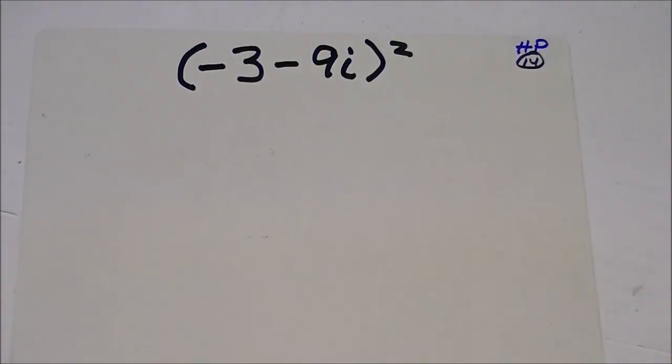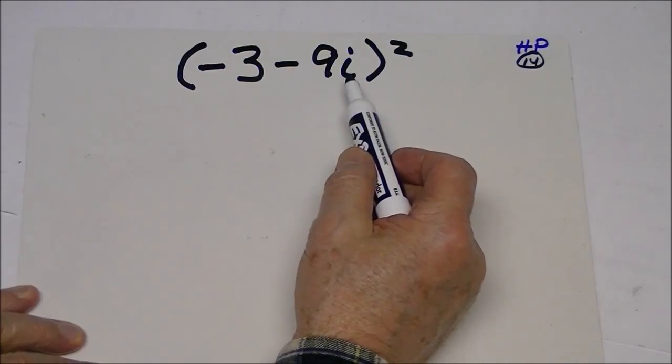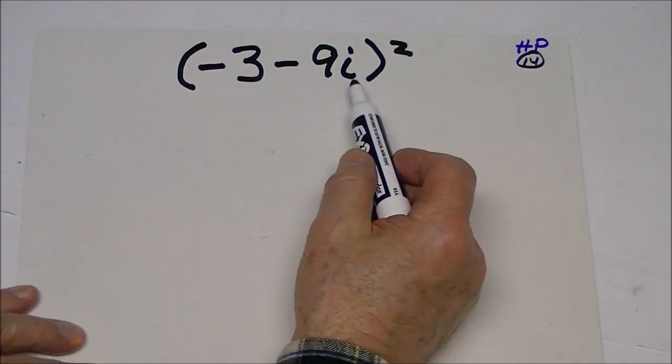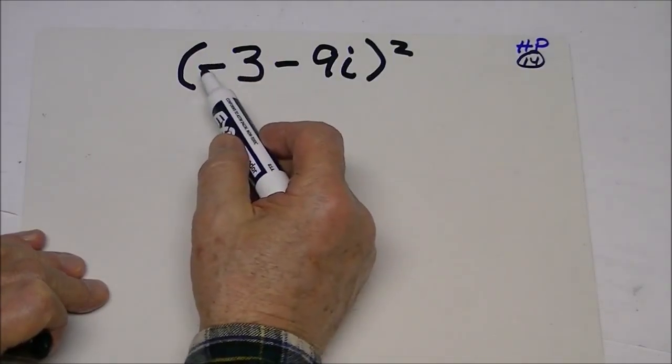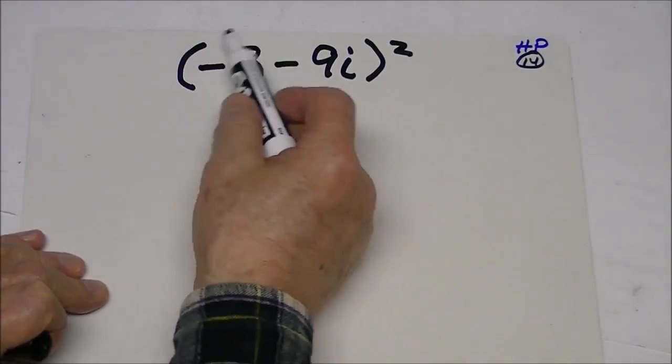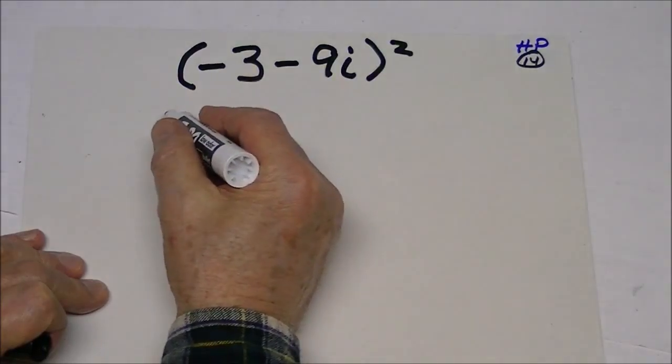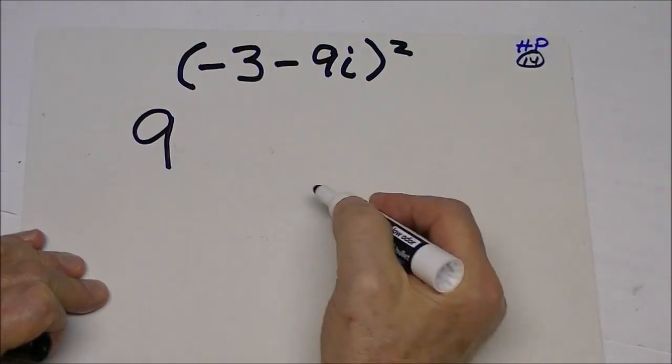Now, a modification of the FOIL is when we're going to expand a binomial that is a complex number. So we'll go over that rule as well. Negative 3 squared is a positive 9.